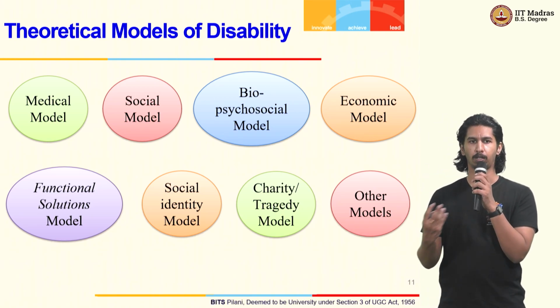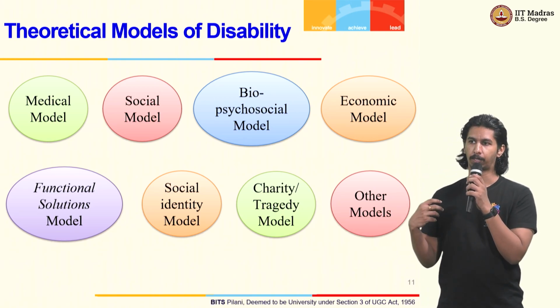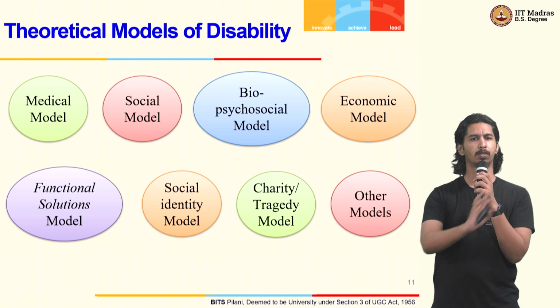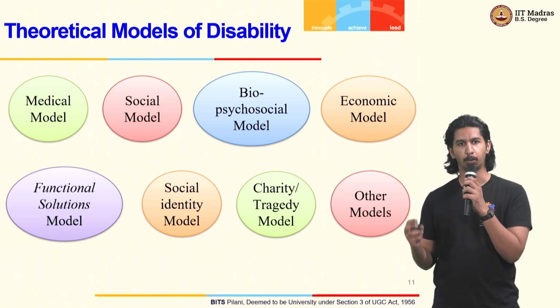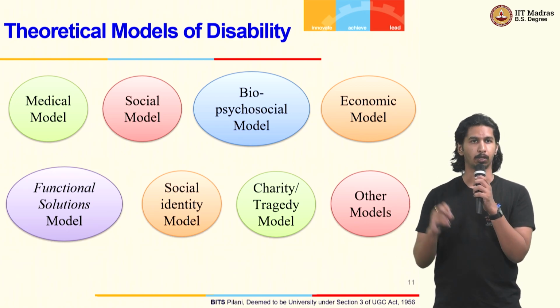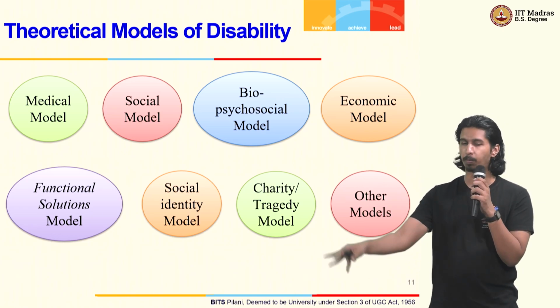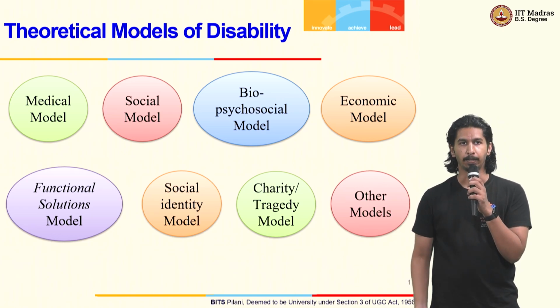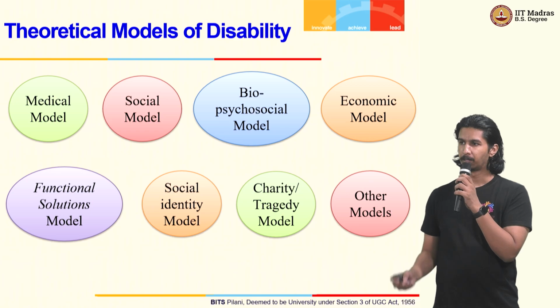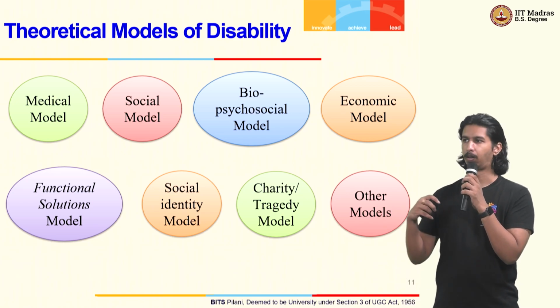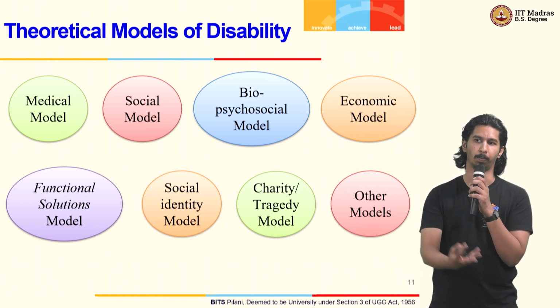So these are all different models where people have associated different definitions, right? So medical practitioners look at disability as a problem. The social model looks at disability as a social thing. It's the environment which creates problems. And biopsychosocial says that this is not with the individual or with the society. It's a very complex topic.